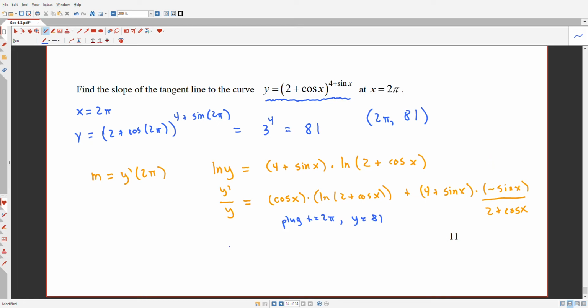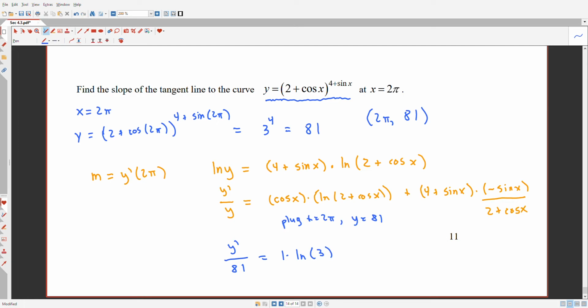So I will get that y prime over 81 is the cosine of 2 pi, which is 1, times the natural log of 2 plus the cosine of 2 pi, and cosine of 2 pi is 1, so that's 2 plus 1, that's 3.